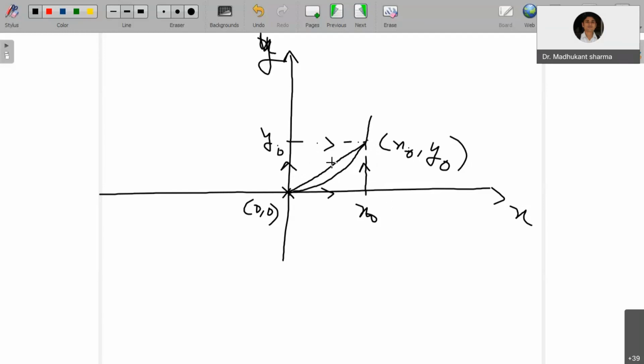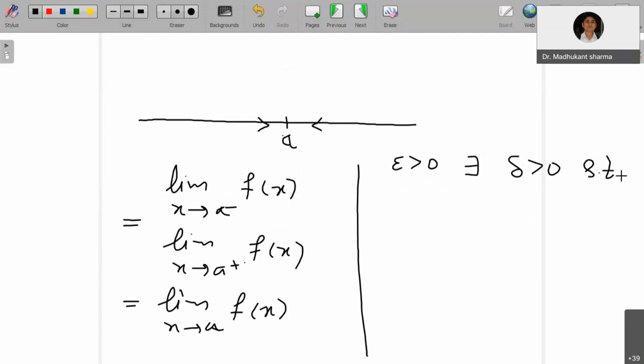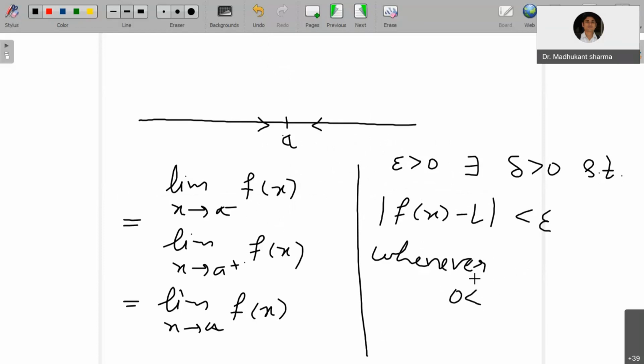Now, if I come to the epsilon delta definition, what was that? For every epsilon greater than 0, there exists a delta such that mod of f of x minus L is less than epsilon whenever 0 is less than mod x minus a less than delta.